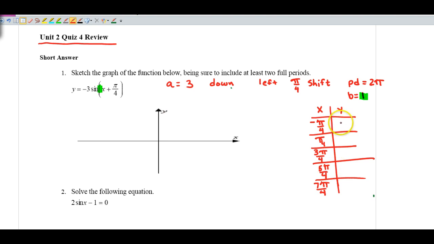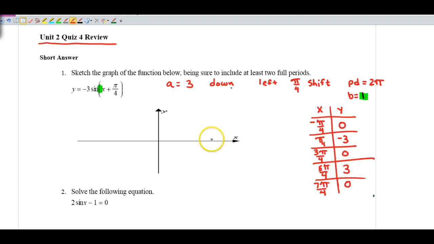And my outputs are going to be 0 here, here, and here. It's the sine function. There's no vertical shift, no up and down shift. And at pi over 4, we're going to have negative 3, and at 5 pi over 4 right here, we will have positive 3.